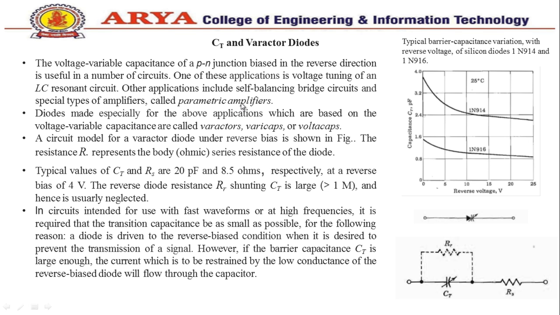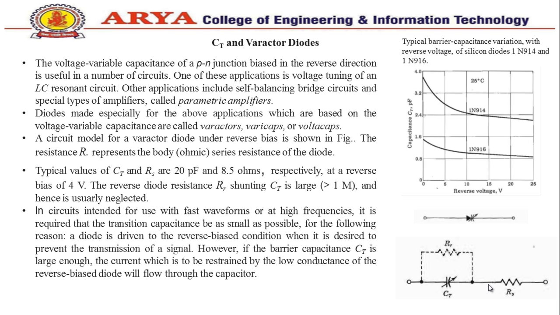Diodes made especially for this purpose, which are based on the voltage variable capacitance, are called varactors, varicaps or voltacaps. The circuit model for a varactor diode in reverse bias is shown here in this figure. The resistance Rs represents the body series resistance of the diode.